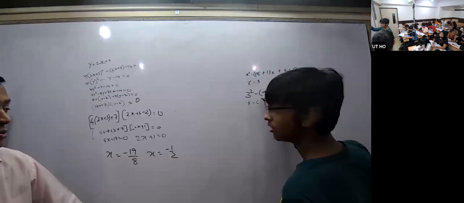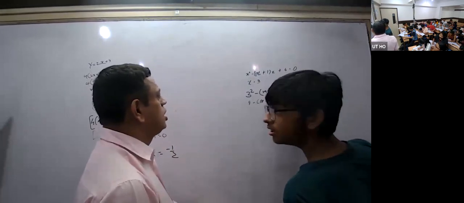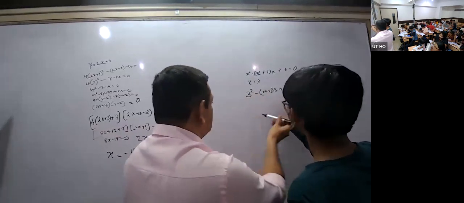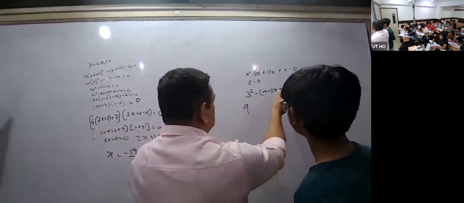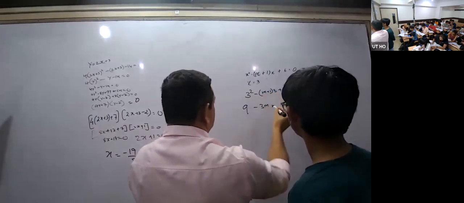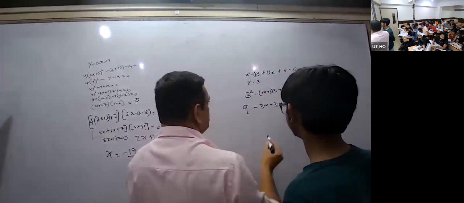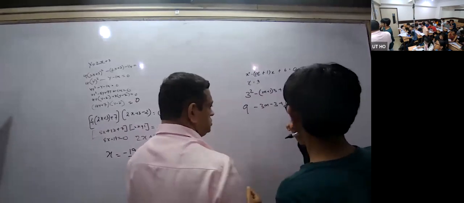Look, 3 square is 9. Minus 3, there is minus 3 here. Minus 1 into 3, minus 3. Plus 6 equal to 0. Understood or not?